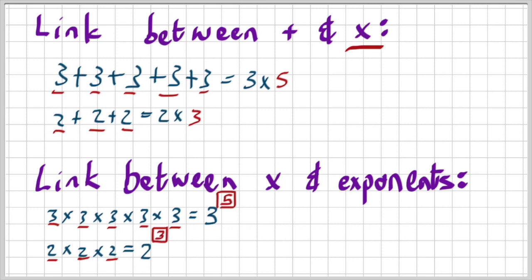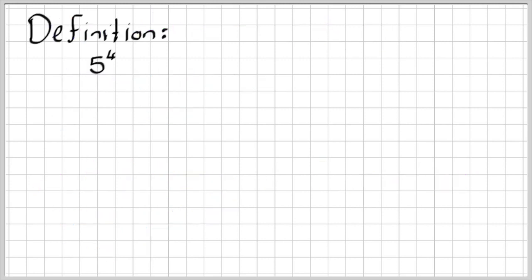Now, what we need to start doing is investigating certain properties of exponents, okay? So to start with the properties, we need to start with a definition. If I look at 5 to the 4, that is exponential form. If I want to write it out in full form, I'm going to say it's 5 times 5 times 5 times 5.